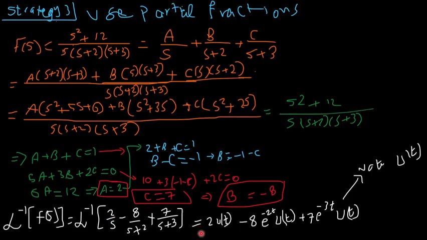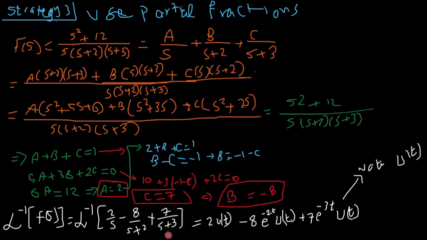So the first term would be 2 multiplied by u(t). This can be found from the table. Minus 8 e^(-2t) multiplied by u(t), the unit step function. But there is here a shift in the frequency domain. This is converted to exponential function in the time domain.